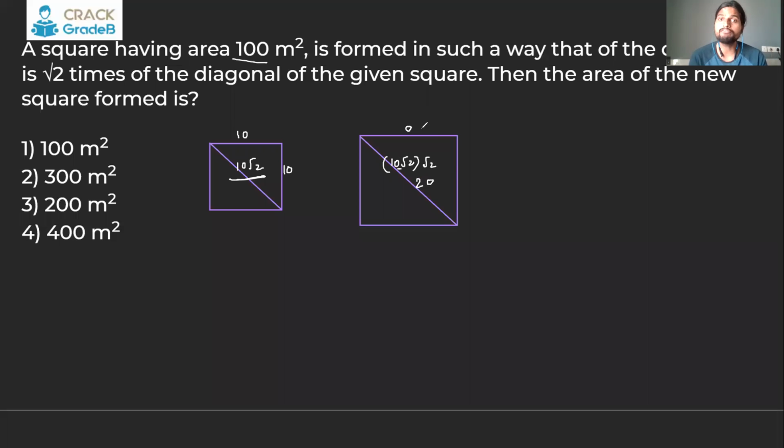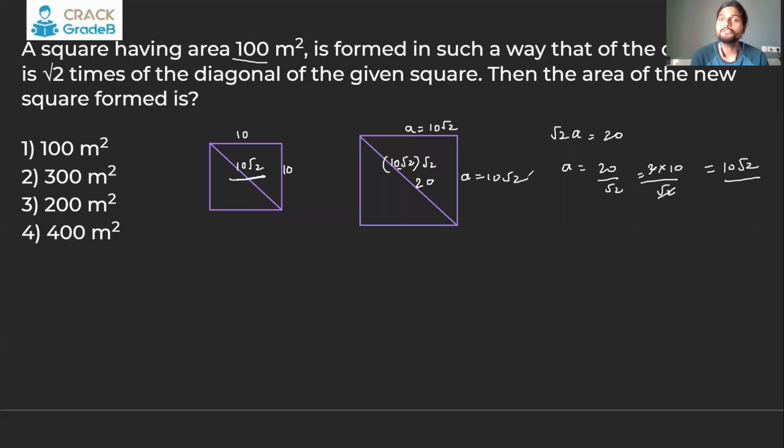So what will be the side of this square? If the side is a, the diagonal is root 2 times a. So root 2 times a should be equal to 20. a will be equal to 20 upon root 2, or 2 into 10 upon root 2. That root 2 gets cancelled with the 2 and what remains is 10 root 2. That means the side of this square is 10 root 2.